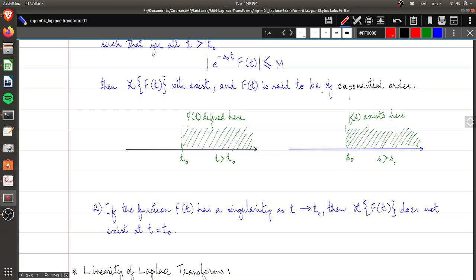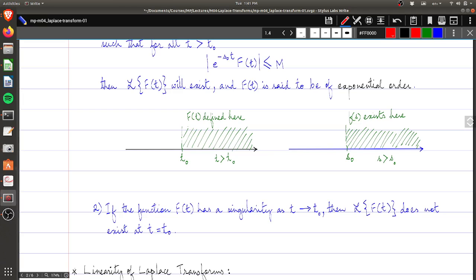Then correspondingly we have a value s naught, and for all s greater than s naught, the Laplace transform will exist within this region. We are only interested in those t greater than t naught and those s greater than s naught.